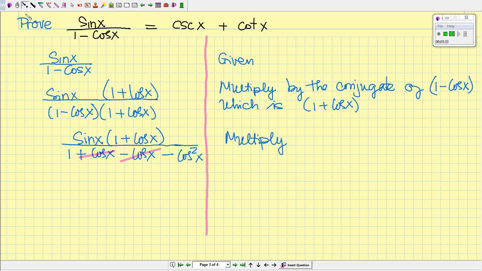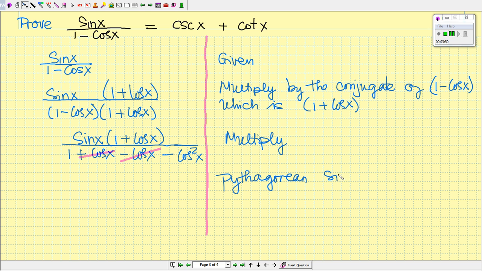So now the next step we are going to do will be, we are going to apply the Pythagorean identity.